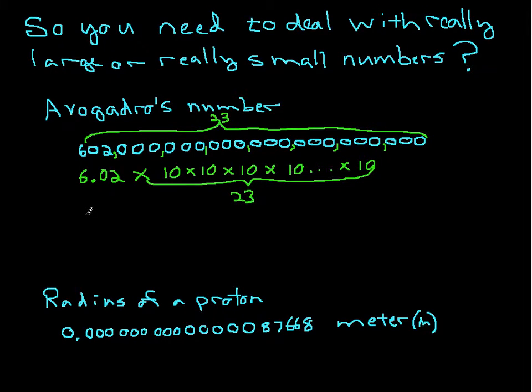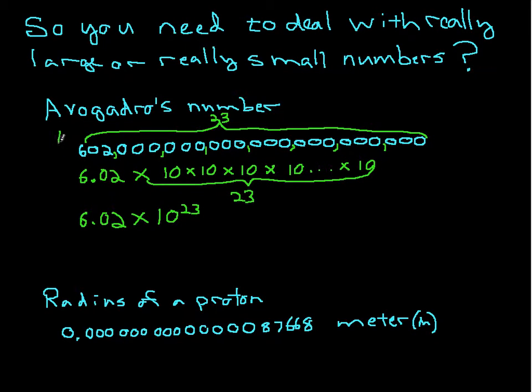We have a way in math of denoting this using an exponent. Instead of putting 10 times 10 times 10, 23 times, we put 10 to the 23rd power.